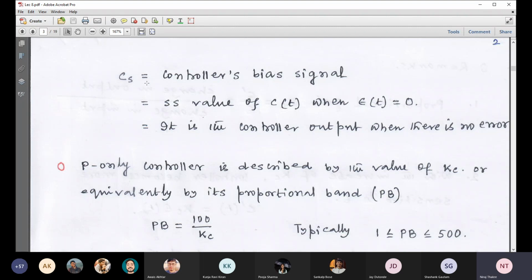Proportional band is 100 divided by Kc. And its typical value is in between 1 and 500. But we hope that this is not true all the time. For the time being, you note down this. We'll see whether it is true or not later.